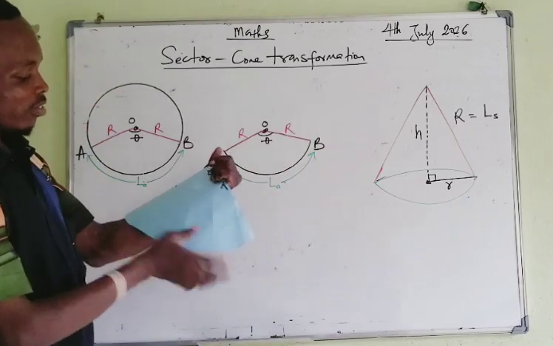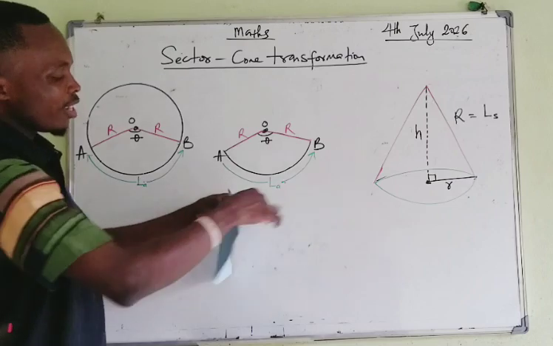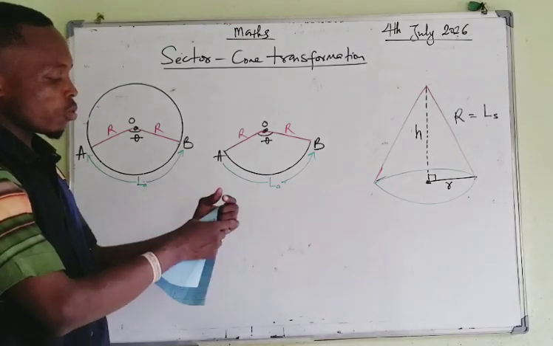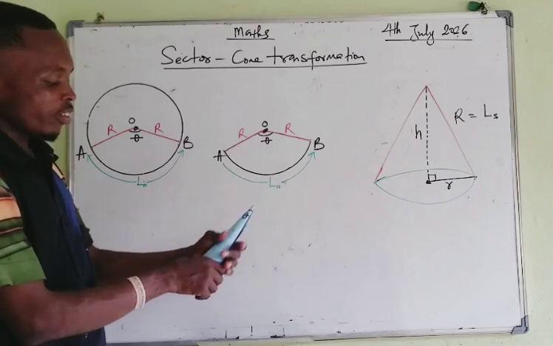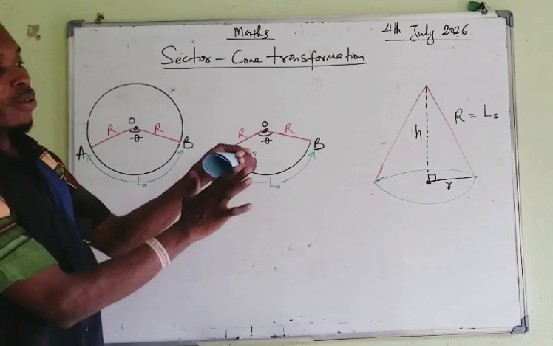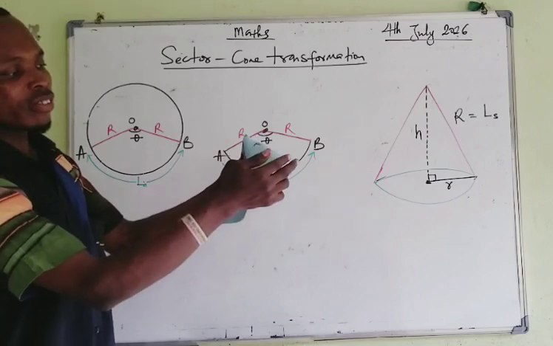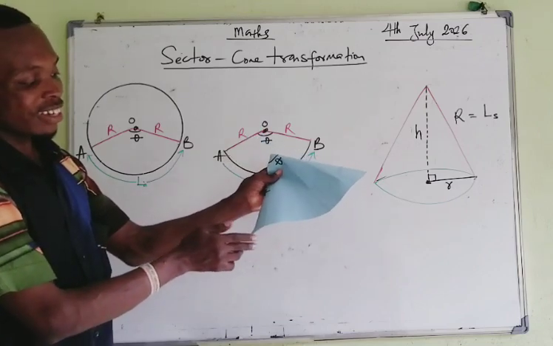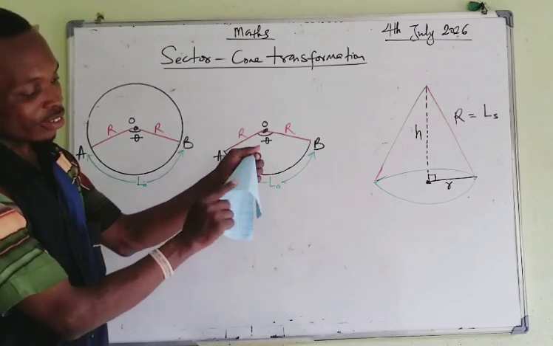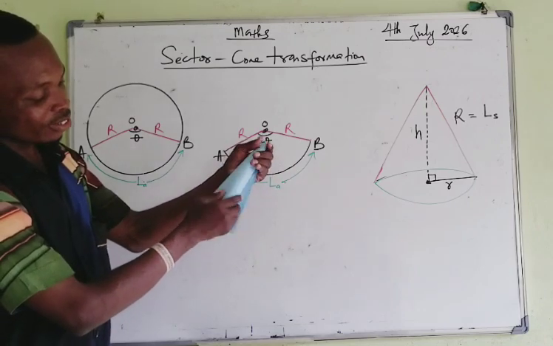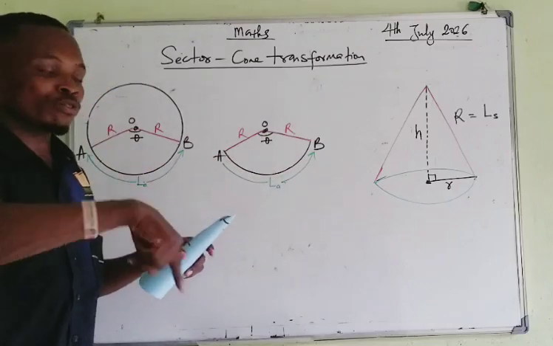Now, if I fold this sector, if you observe, I will have a circle. How come? This whole thing here is the length of the arc. When you fold it, this whole thing now gives us a circle.